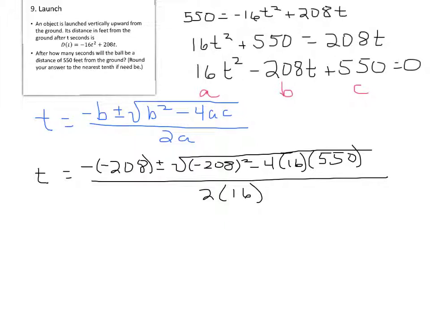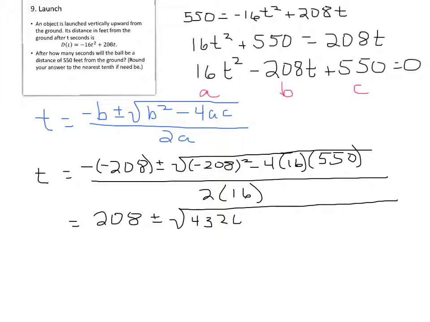So let's go ahead and calculate these numbers. Negative of negative 208 is positive 208 plus or minus the square root. Negative 208 squared is 43,264 minus 35,200.